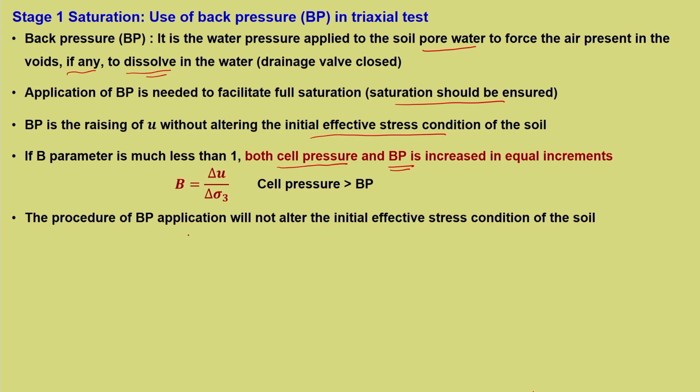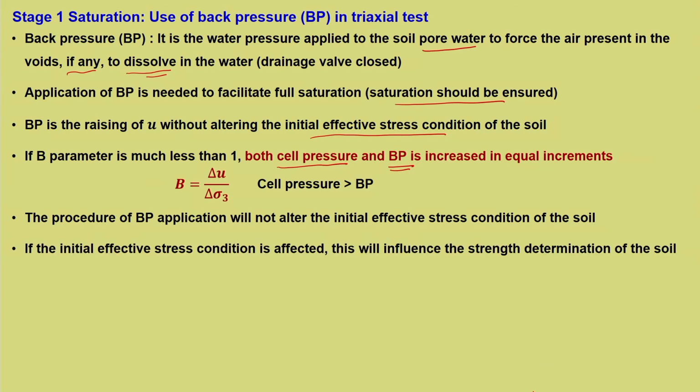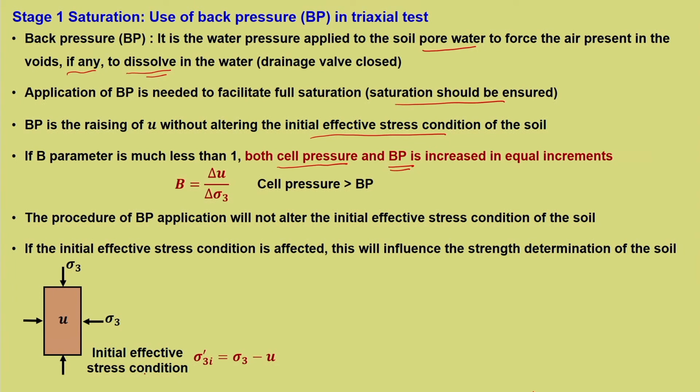The procedure for back pressure application will not alter the initial effective stress condition of the soil. If the initial effective stress condition is affected, this will influence the strength determination of the soil. So, this is the condition when the confinement is applied. The initial effective stress condition is sigma 3 dash is equal to sigma 3 minus u. So, this is the initial condition of the soil.